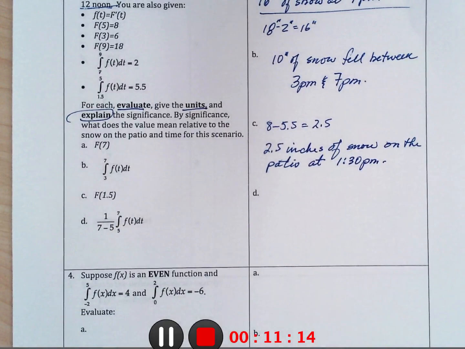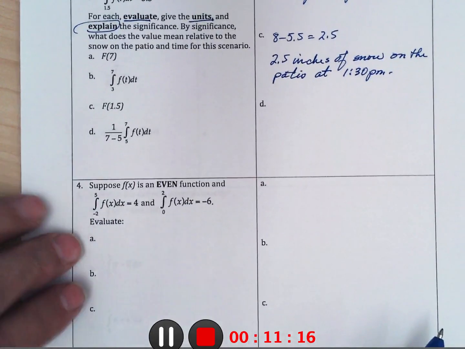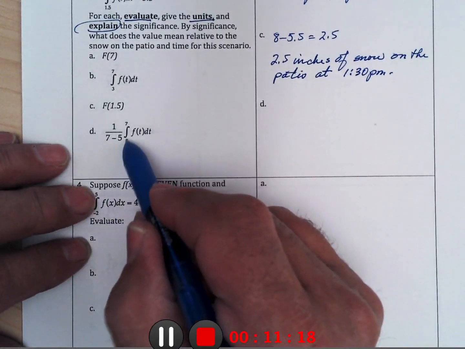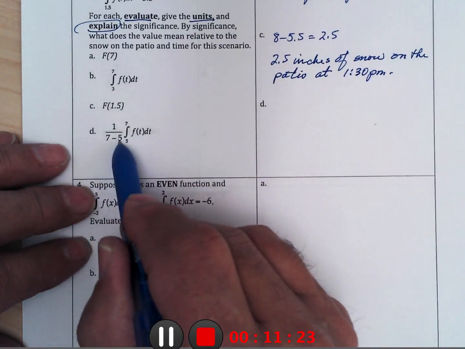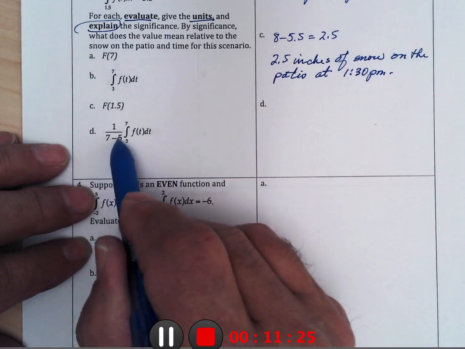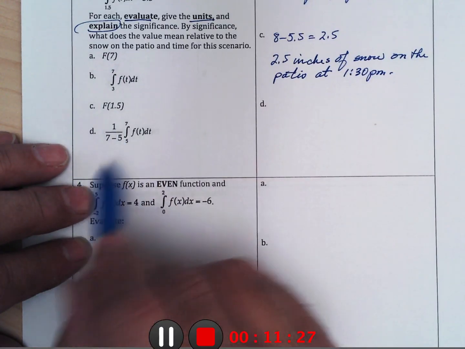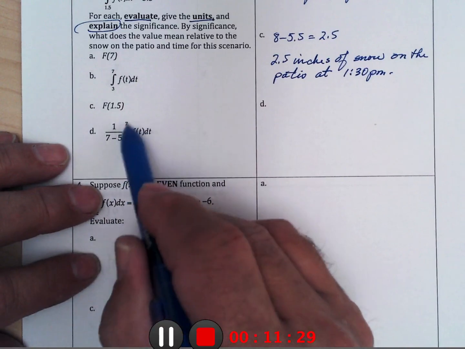And finally, how much snow fell between 5 and 7, divided by the amount of hours that was, 7 minus 5, 2 hours, we're going to be finding out the amount of snow per hour.